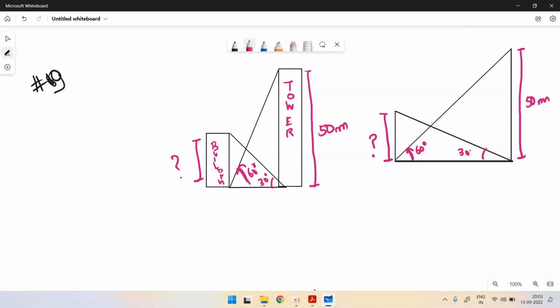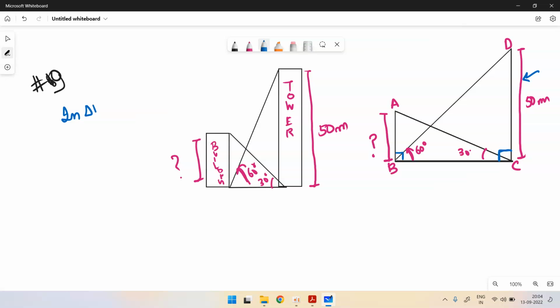So let me first suppose I am taking this to be A, this to be B, this to be C, this to be D. And you very well know that this angle is 90 degree. Angle B and angle C is 90 degree. So now I know this is 50 meters, so I will start with this triangle.